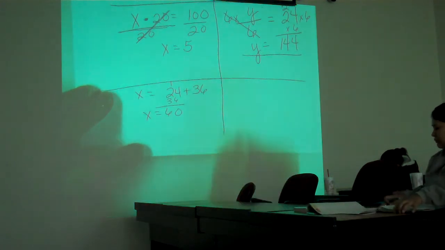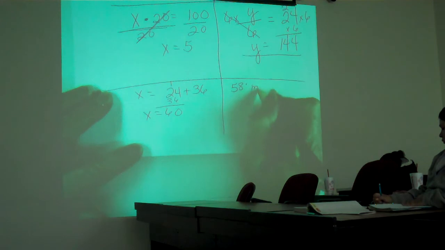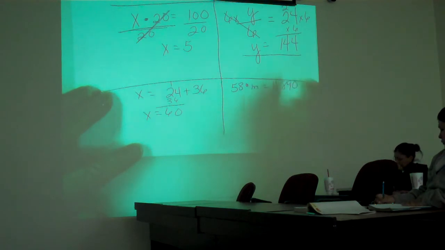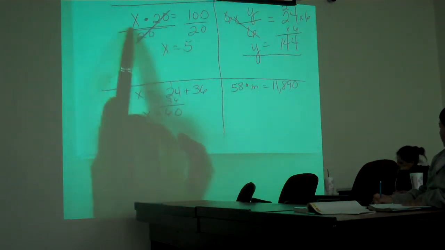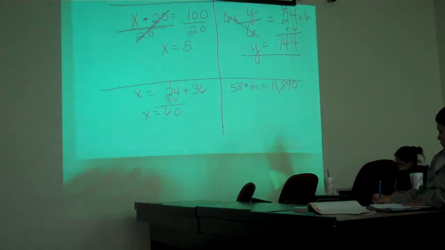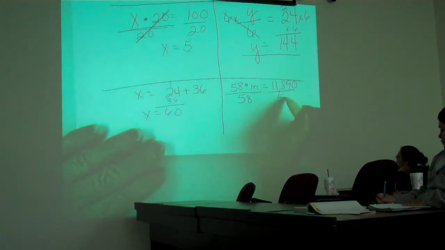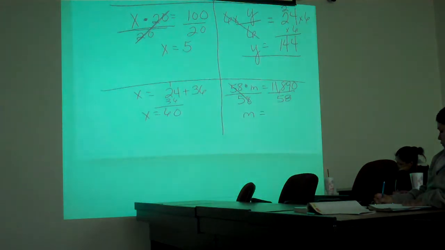Like 57, it gives you the problem 58 times m equals 11,890. Even if the m is second, whether it's second or whether it's in front of it, if it's multiplied, you still do the division to undo it. So that one you would be dividing it by 58.